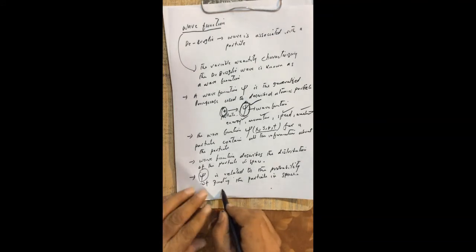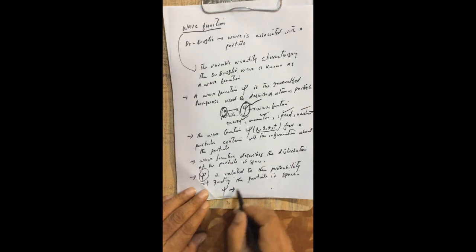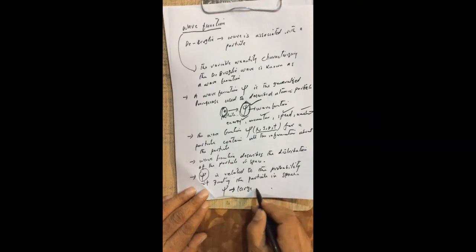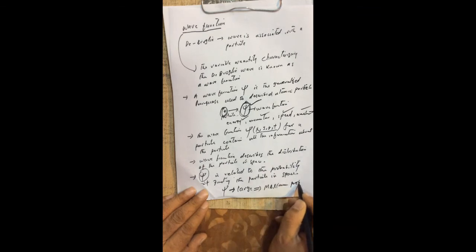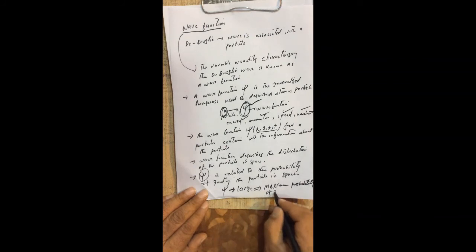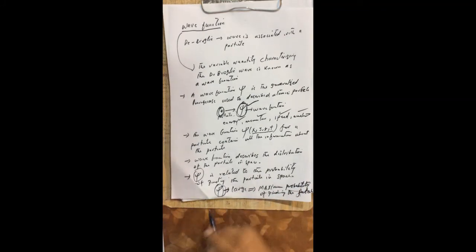The particle is more likely to be found in a region where psi is large. If the value of psi is large, this implies that we have the maximum probability of finding the particle in that region. If psi is small, then the probability of finding the particle in that region is small.